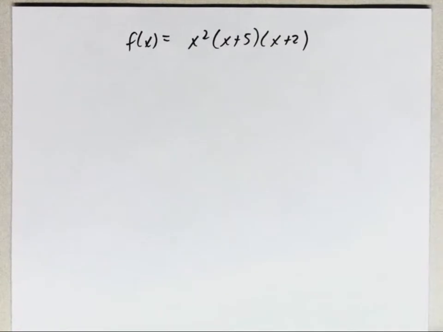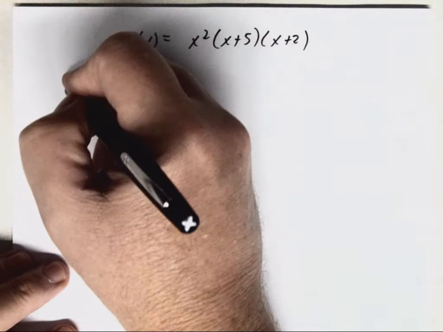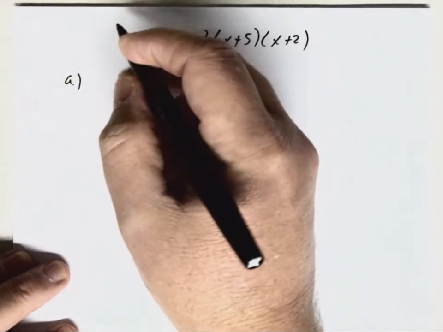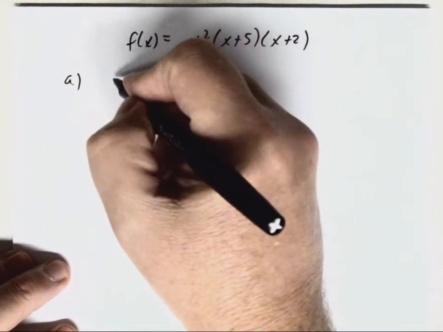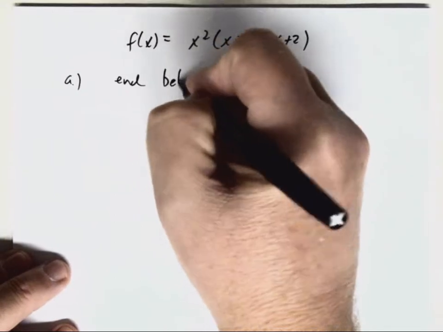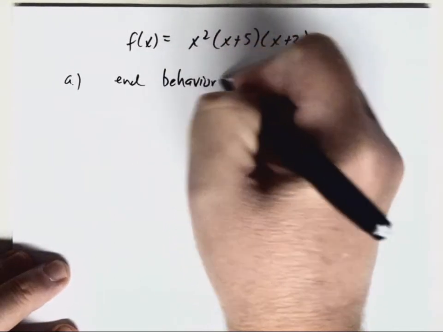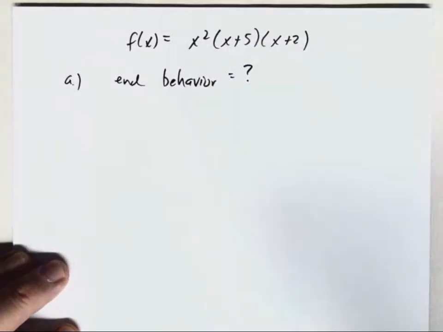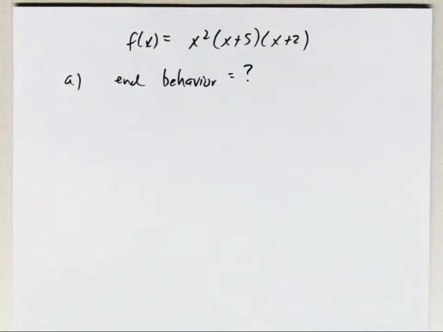Now the first question is one that we haven't talked about yet. This is part A, and they basically say: what's the end behavior of the function? Like, what in the world does that mean?